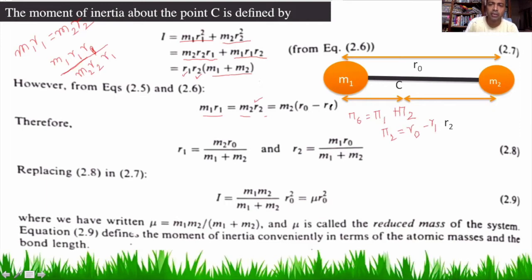Hence r0 minus r1 is written in place of r2. So now if you imagine that m1 r1 is equal to m2 r0 minus m2 r1.